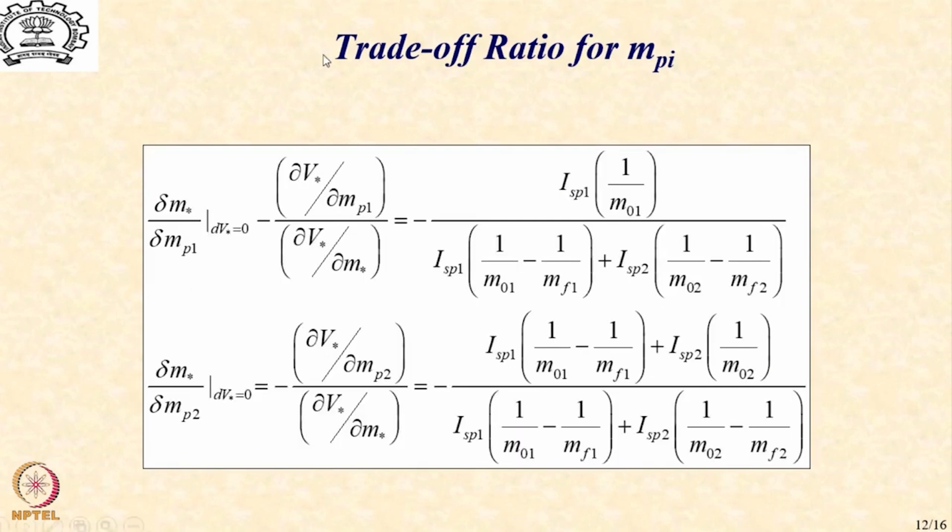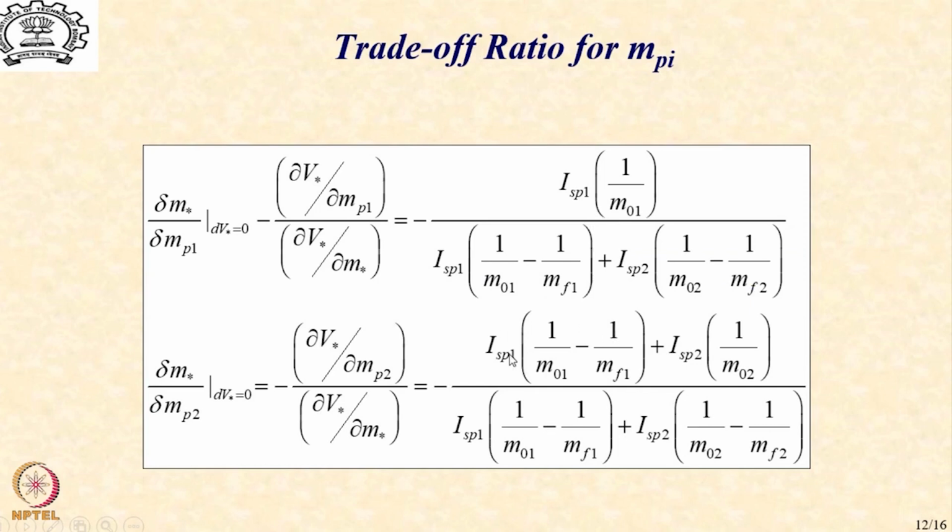So now we are going to get the two efficiencies, that is delta m star by delta mp1 and delta m star by delta mp2, in terms of m01, mf1, m02, mf2.